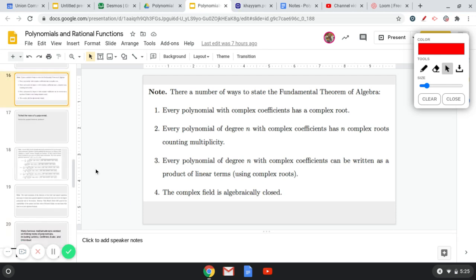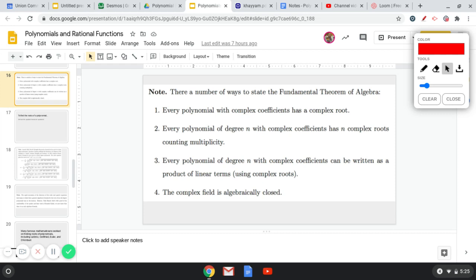So let's go. So fundamental theorem of algebra has a lot of roots. It's talking about complex numbers and complex roots, which I mentioned earlier. So every polynomial with complex coefficients has a complex root. These are just equivalent statements. So you can read through these. So this means every polynomial of n degree with complex coefficients has n complex roots counting multiplicity.